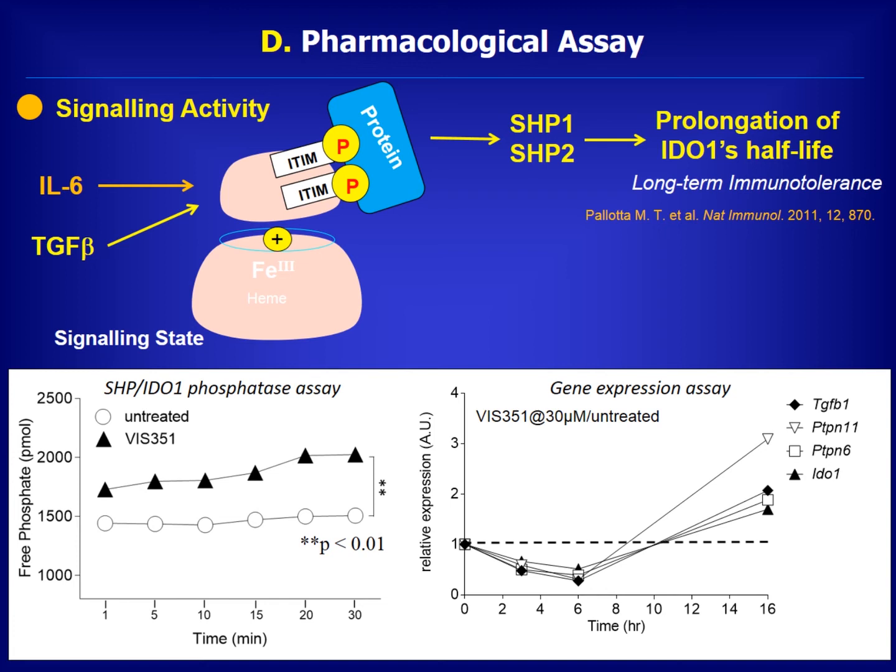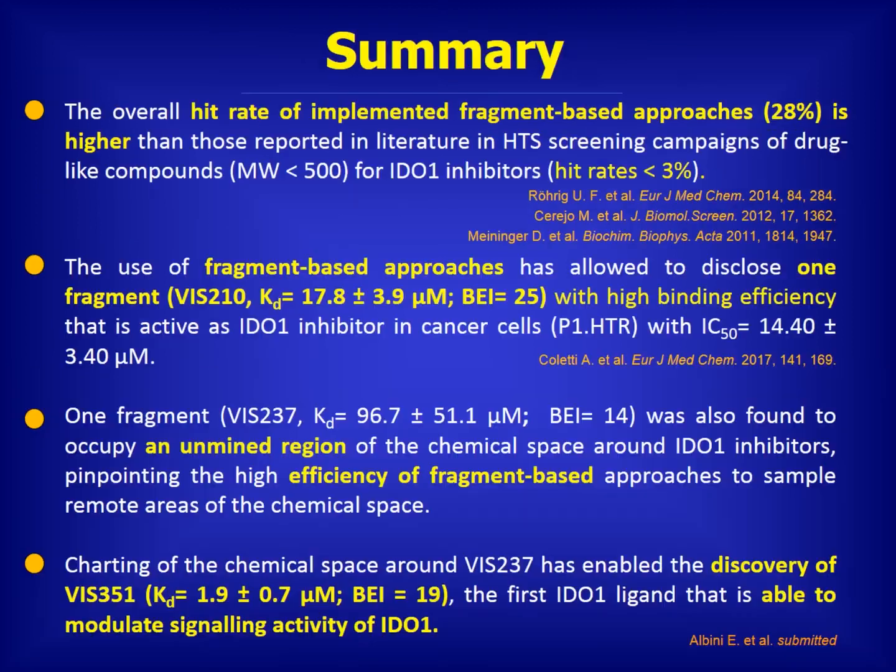So, finally, this molecule seems indeed able to modulate the signaling activity of IDO1 rather than inhibit its catalytic activity. And this would represent the first type of compound that is able to do this kind of activity against this enzyme.